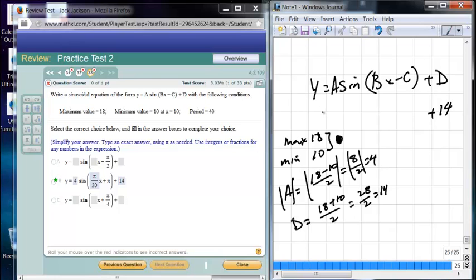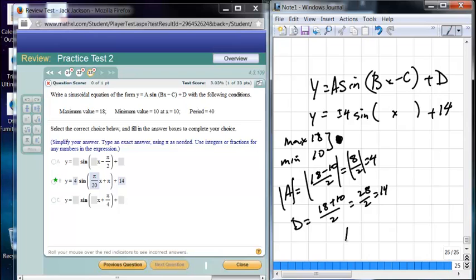And the minimum happens when x is 10. And the period is 40. So this is plus or minus 4 sine. Okay, so let's work that out.